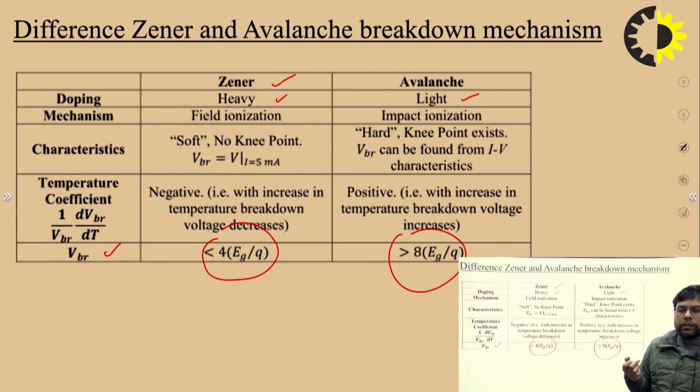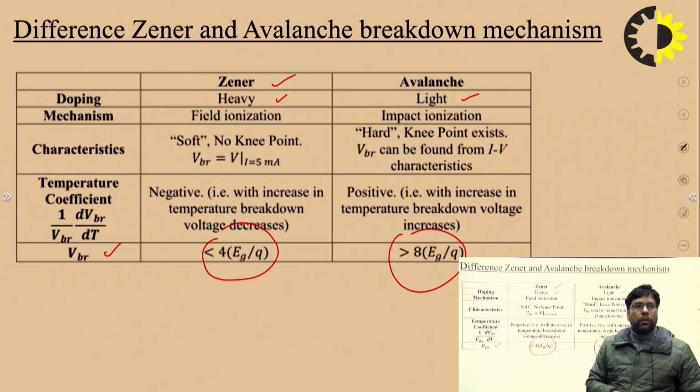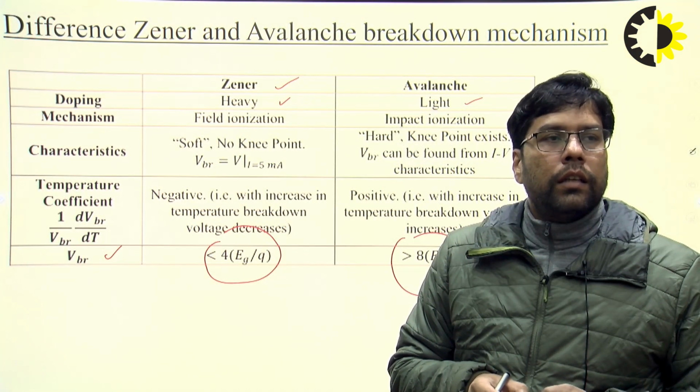As we studied, if you apply forward bias voltage, the depletion layer width decreases, and if you apply reverse bias voltage, the depletion layer width increases. And in reverse biasing, we have two kinds of breakdown, Zener and avalanche breakdown. I think you can understand the things now.